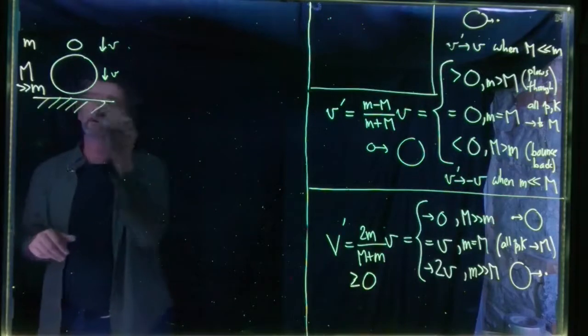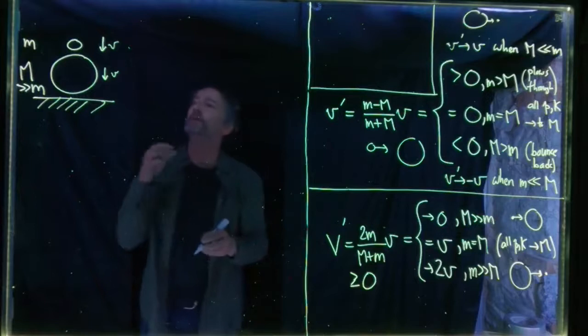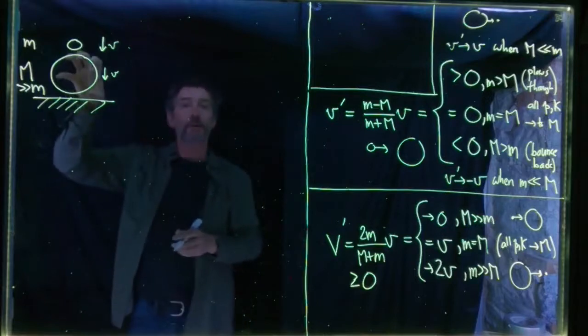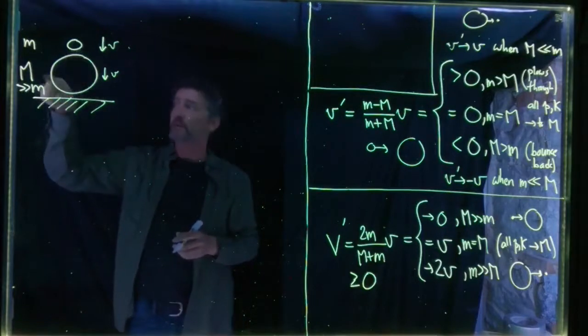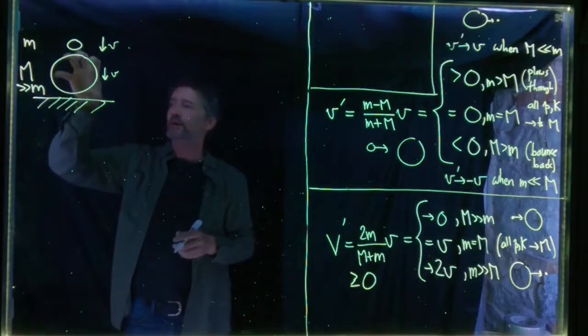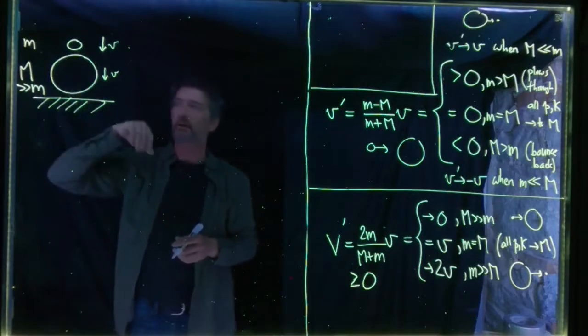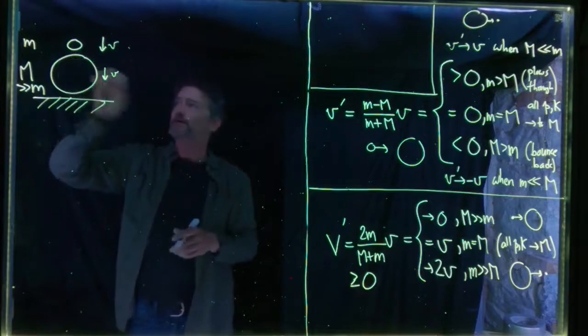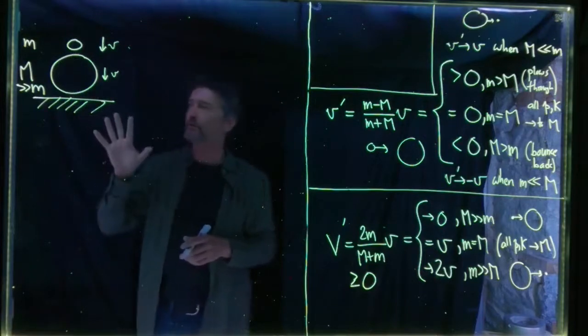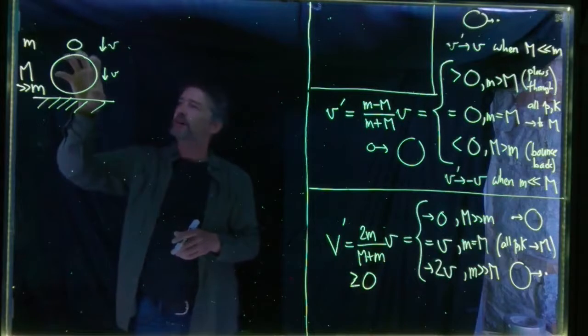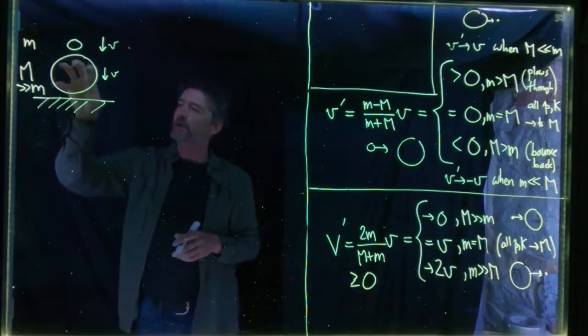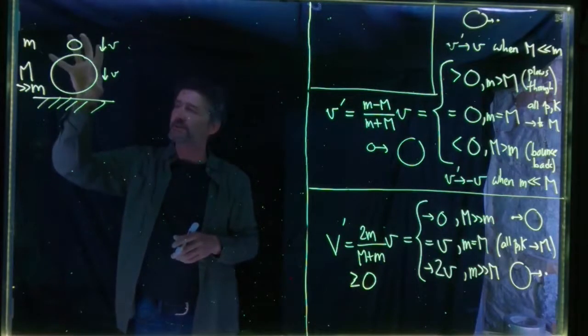And then what's going to happen is, first, the basketball, the big M guy, is going to hit the ground, and we're going to assume that these are elastic, perfectly elastic balls, like super balls. Okay, so none of the kinetic energy is converted into thermal or other forms of energy. So then this basketball hits the ground, compresses like a spring, and then bounces up off the ground.